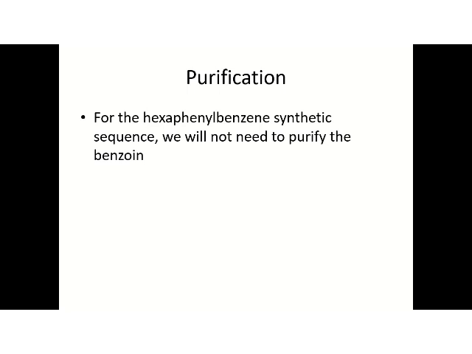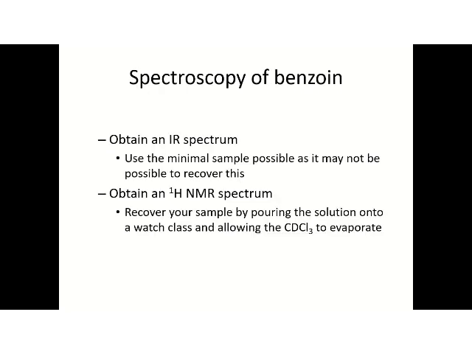Then the purification. We don't need in this case to purify the benzoin since we are getting crystals. If you don't get crystals, then that will be a problem, but we should get crystals in this case, right? In the spectroscopy of benzoin, again we need to obtain an IR spectrum.